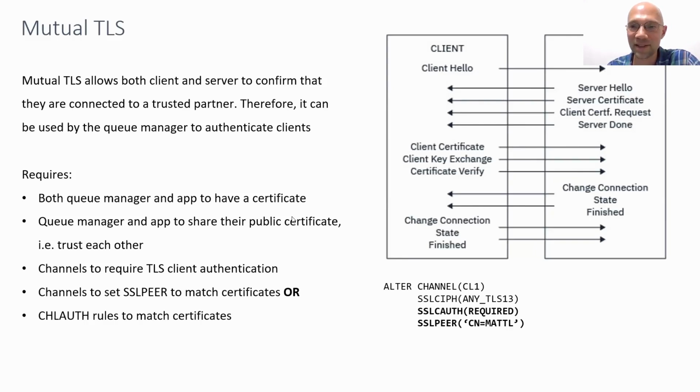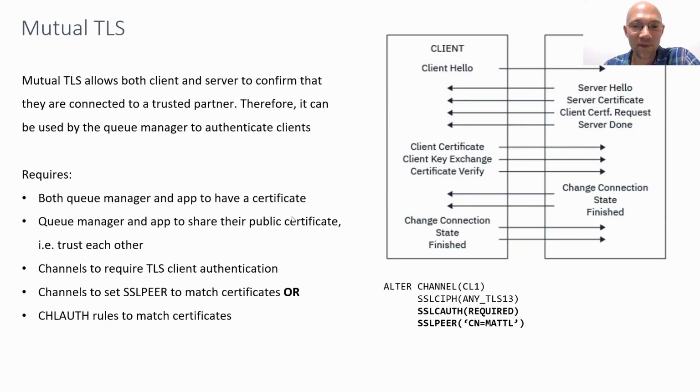And the final thing you can do to limit who can connect using TLS is to also require that the certificate that's provided by the client or the queue manager that's connecting in has a certain value for the distinguished name. So that's the SSLPEER attribute there on the channel definition. That's one way to do it. You can also use what are known as channel authentication rules, which are actually more fine-grained, so better really than just setting the SSLPEER value on your channel definition.